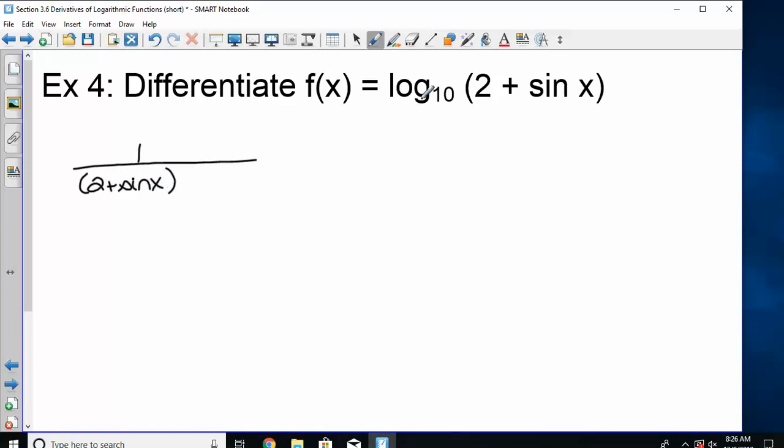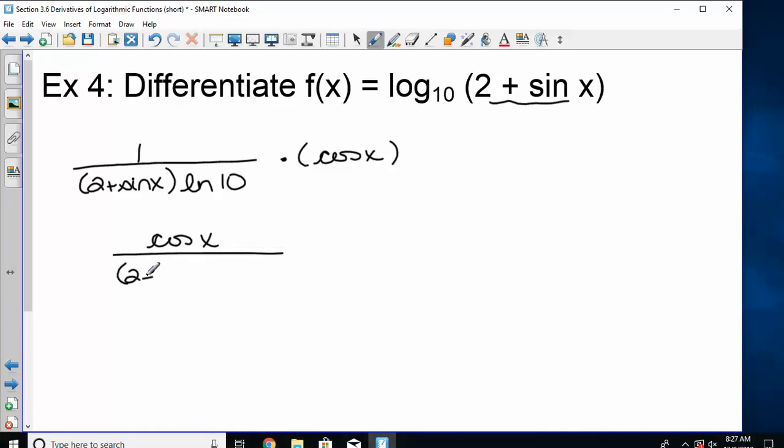But since this is not a natural log, you also have to multiply by the natural log of the base, so natural log of 10. Am I done? No, since the argument wasn't just plain x, you have to do the chain rule, so times derivative of the inside. Derivative of 2 is 0, plus derivative of sine x is cosine x. So you get cosine x over 2 plus sine x times the natural log of 10.